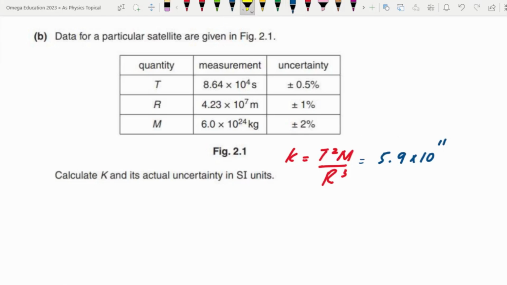Because the least number of significant figures in the raw data is 2. We have more than that elsewhere, but we always go with the least number of significant figures.